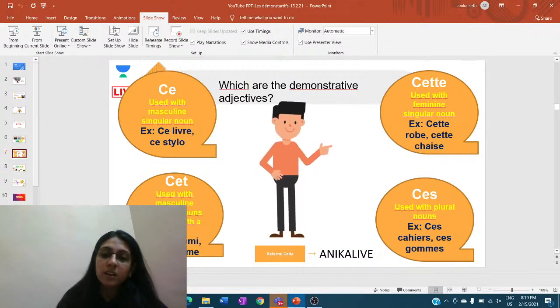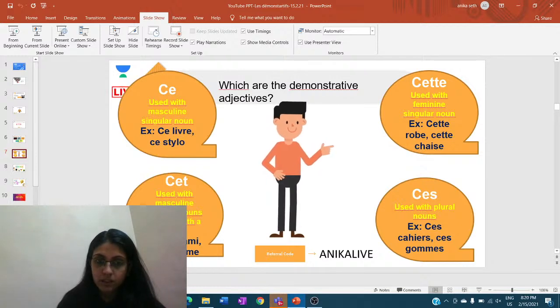Alright, now another question here is that we have said for masculine singular nouns starting with vowel we use CET. But then what happens to the feminine singular nouns starting with vowel? Which demonstrative adjective do we use for the feminine singular nouns starting with vowel? Yes, so this you can write again, you can write the answers in the chat.